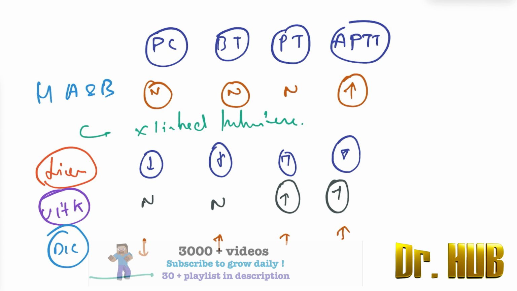There is an increase in the fibrin degradation products. So to recap DIC, there was a decrease in the platelet count, and the other factors are all increased.